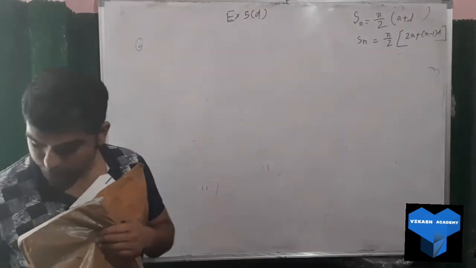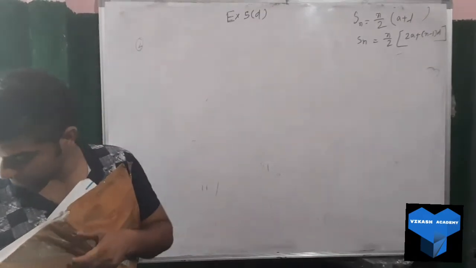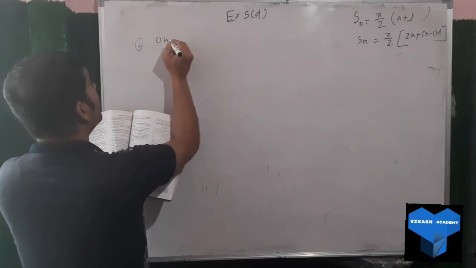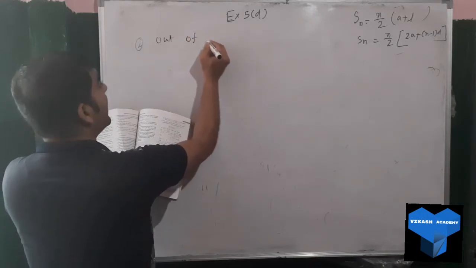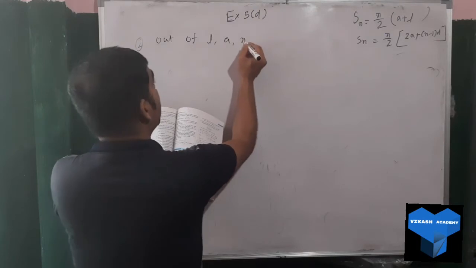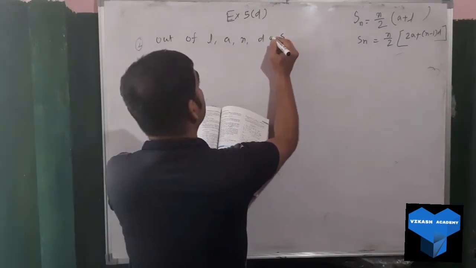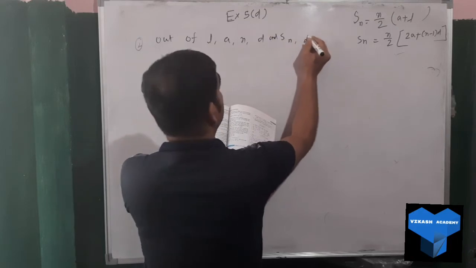What do we have in question number 2? We have a, l, n, d and Sn.